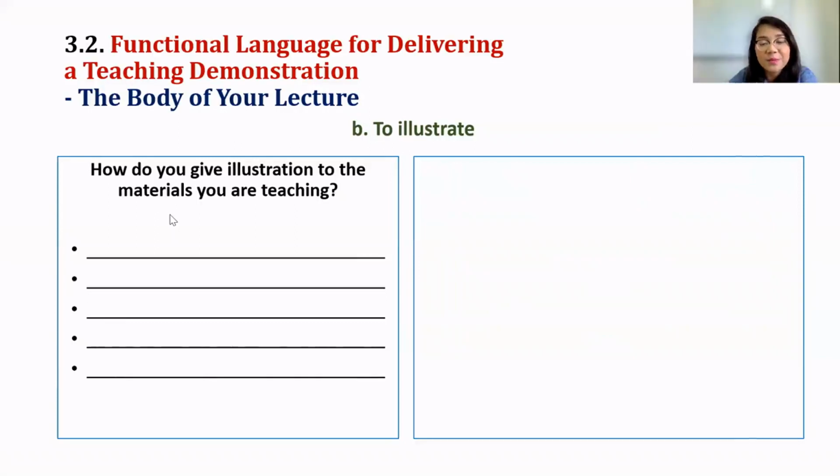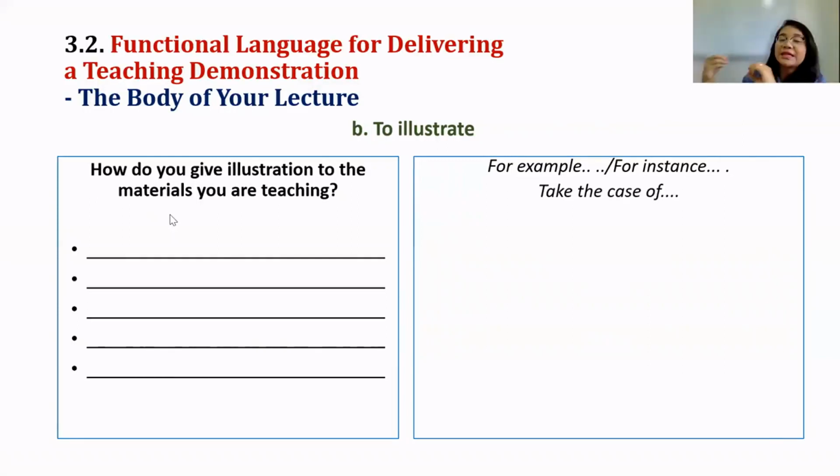Please repeat after me. For example, for instance, good. Take the case of, and then you provide the examples or the story that shows the implementation of the theory you just explained, for example. Next one.